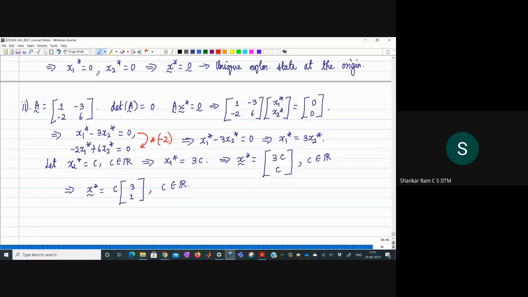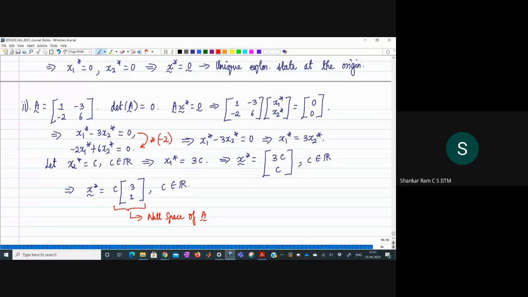In fact, this is what is called the null space of A in this particular example. So what is the null space of A? You multiply the matrix A by the vector 3, 1, and you will see that you get 0.